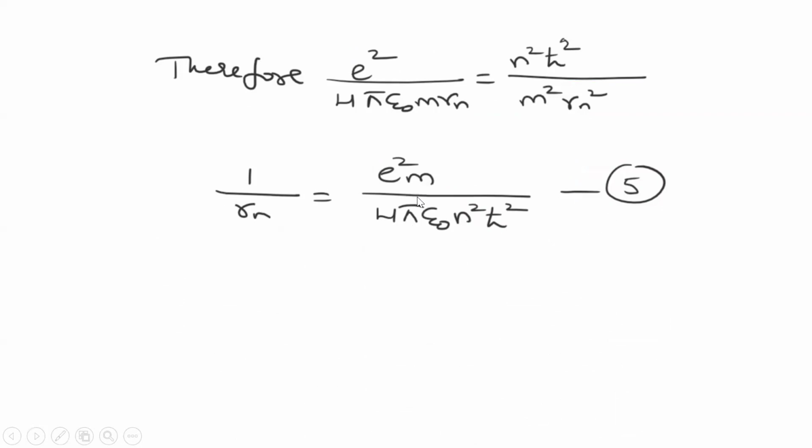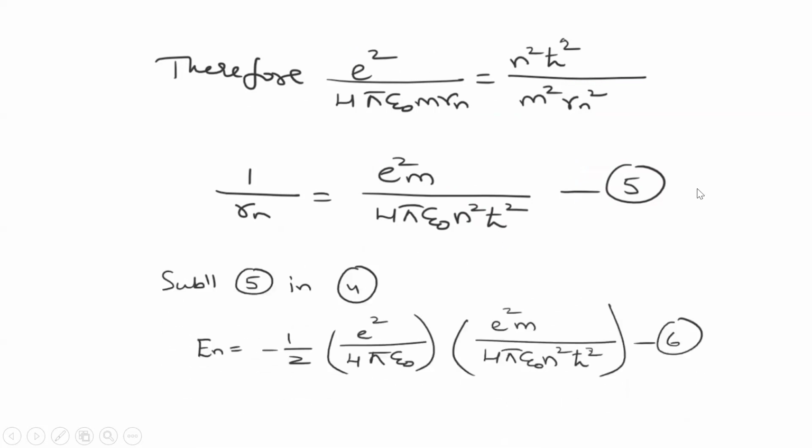We get e square m by 4 pi epsilon n square h cross square, which is the fifth equation. Now substituting 5 in 4 for Rn, En is minus 1 by 2 e square by 4 pi epsilon into 1 by Rn.